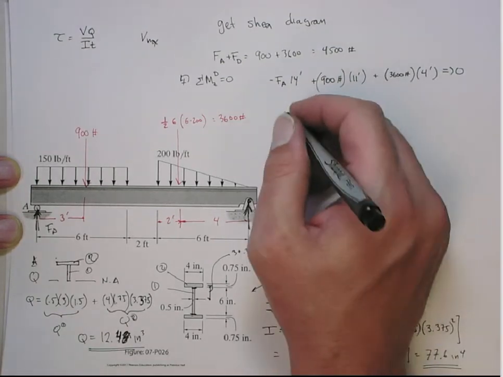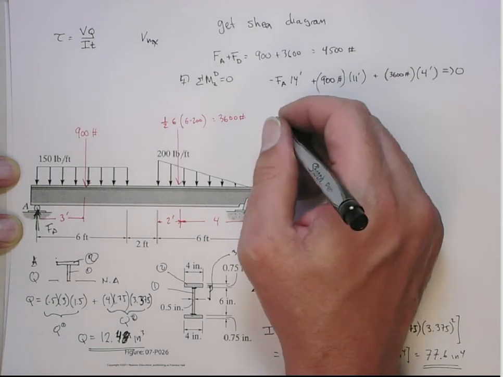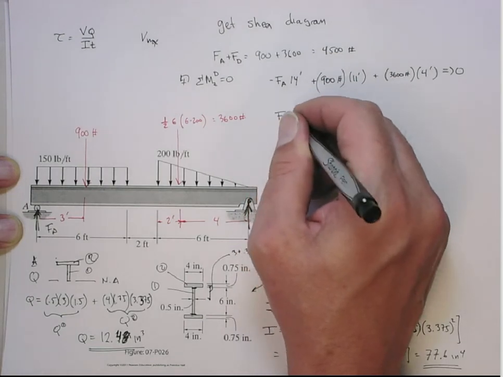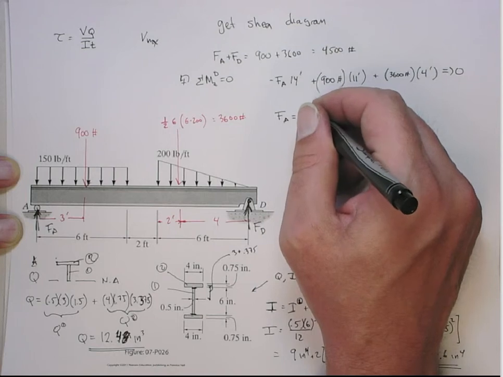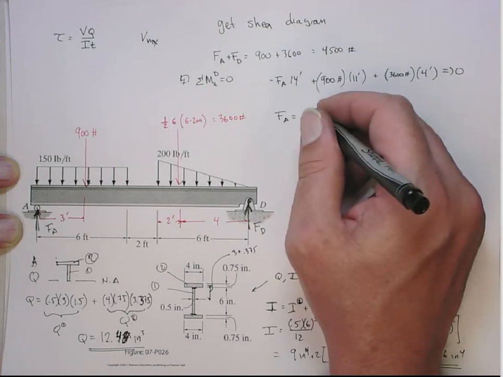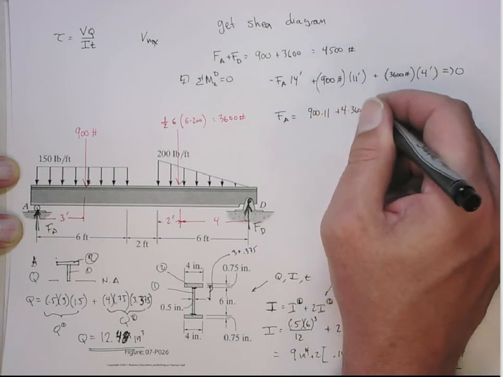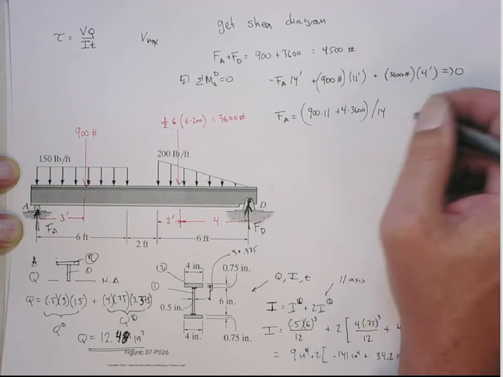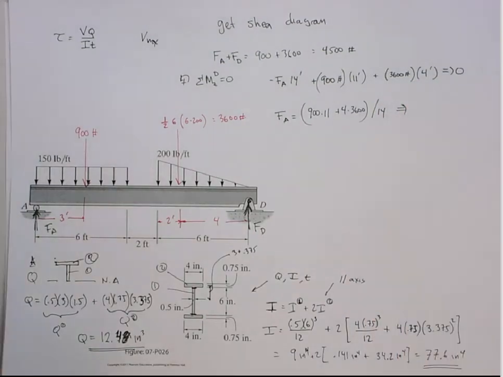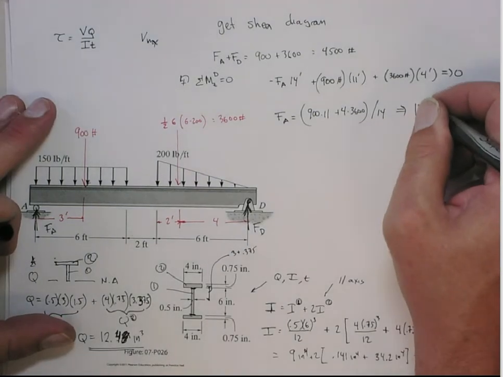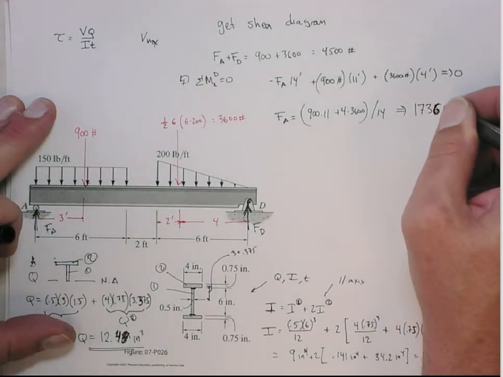So that's going to give me FA is equal to 900 times 11 plus 4 times 3,600, divided by 14. Okay? And that gives me 1,736 pounds.